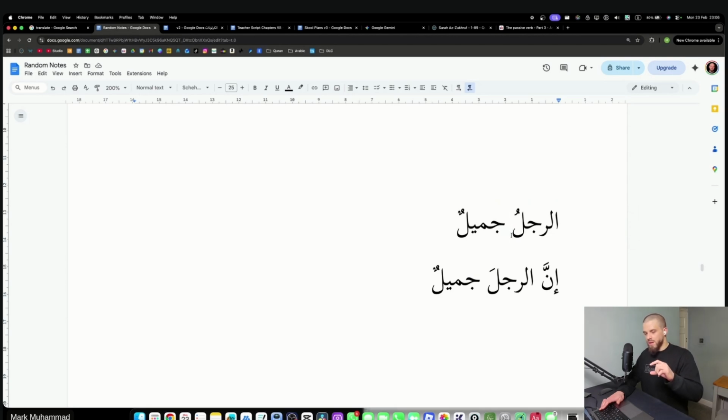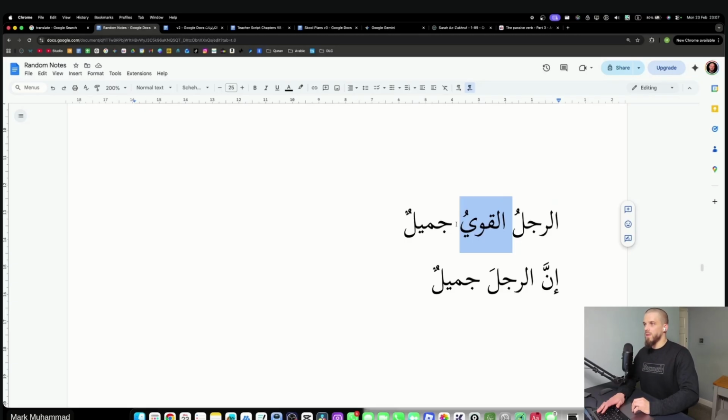For example, let's say qawi, الرجل القوي. You wouldn't say this is a badal. What's this called? Is it the khabar? Qawi, like strong? No, it's not the khabar. The khabar is still jamil, because you're not saying الرجل قوي, the man is strong.